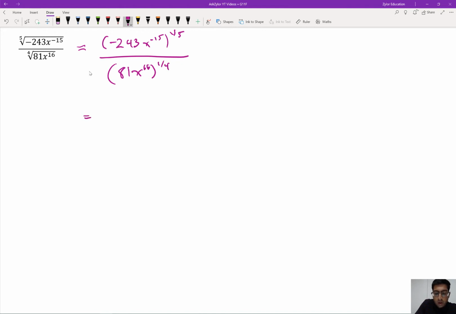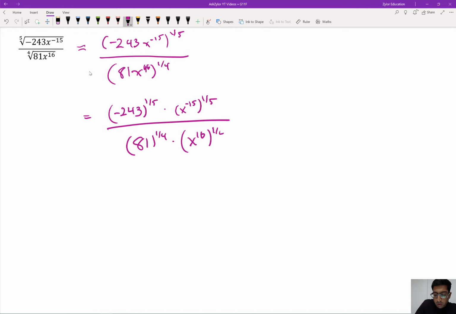Now we're going to work with the numerator and denominator separately. So for the numerator, we have negative 243 to the power of 1/5 times x to the negative 15 to the power of 1/5, all over 81 to the power of 1/4 times x to the power of 16 to the power of 1/4.